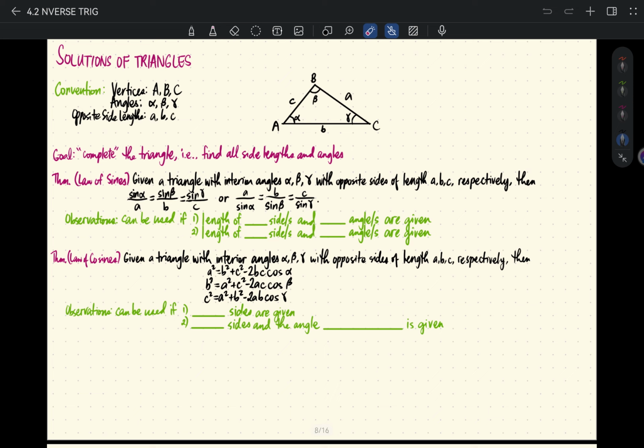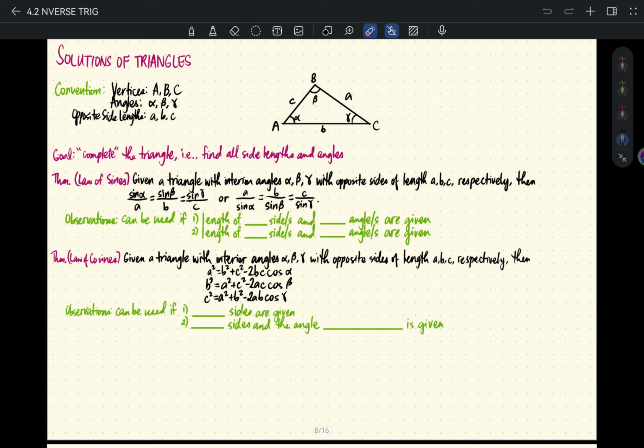As you can see within the fraction, you have an angle and the length of the side opposite to it together in one fraction. And this formula sort of gives us a ratio pertaining to the opposite side and the opposite angle.